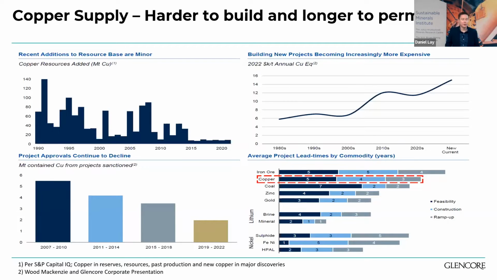Projects are also becoming more expensive per ton of copper produced, and it's becoming increasingly difficult to obtain approvals for new projects. This is shown by the graph on the left, where you can see that the average copper project takes approximately 12 years between discovery of the resource to the ramp up to full production.